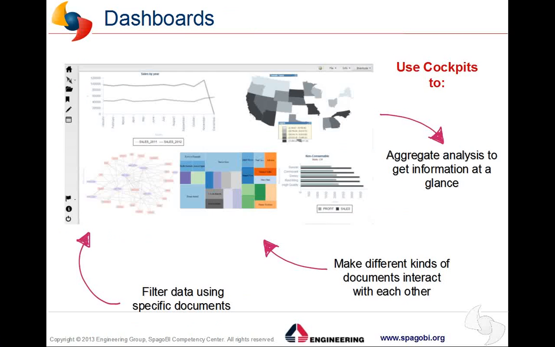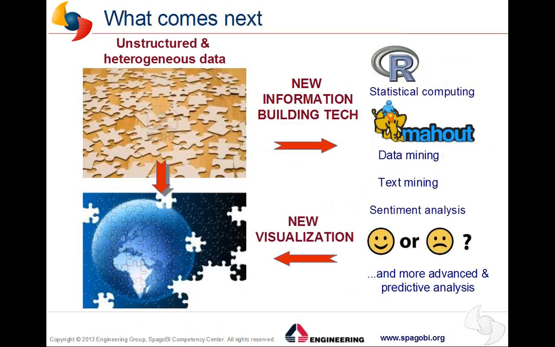And you can use each single document to filter data and see the information change in the following reports and documents. So this is a nice way to have information at the first glance.